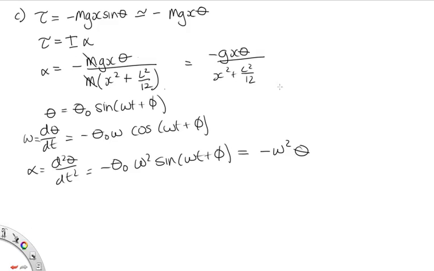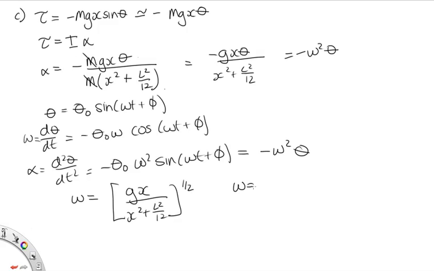Okay, so this is equal to minus omega squared theta, and so we have omega is equal to (gx over (x squared plus L squared on 12)) to the 1/2.